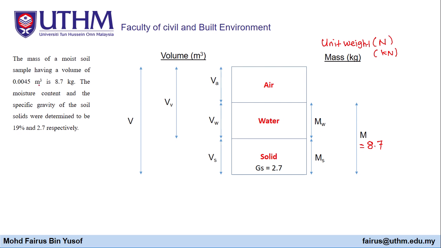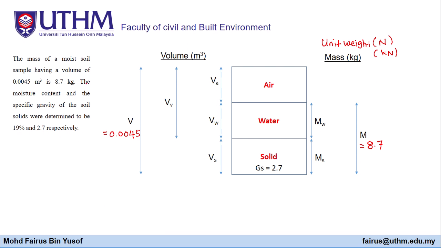And the volume, this is the total volume, 0.045. So this is the total volume, including Vs, Vw, and Va. So we write here 0.045.